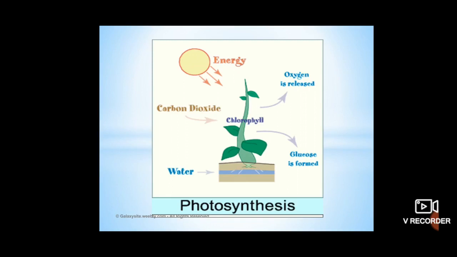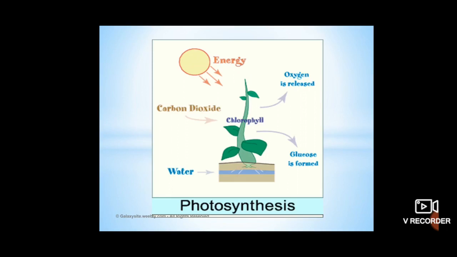In the leaf, have you heard the name stomata, dear students? What is the main role of stomata? Yes, the stomata help in the exchange of gases in the plants and in the removal of excess water in the form of water vapors. Hope you understand.